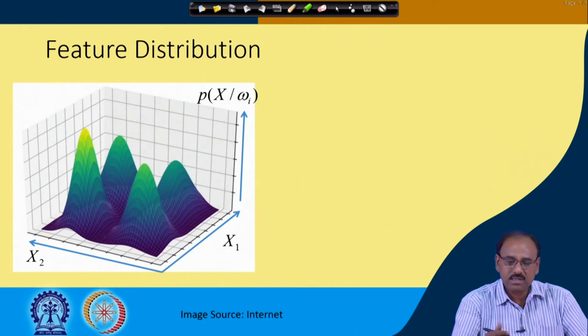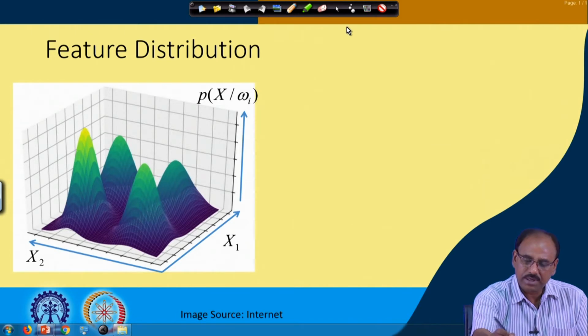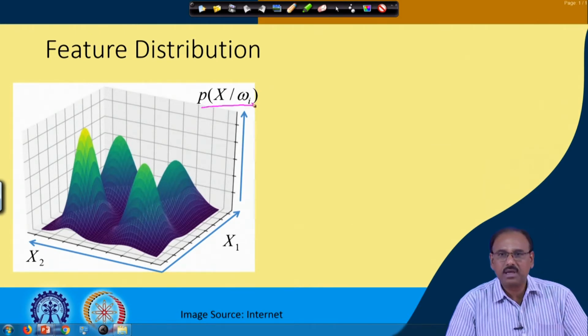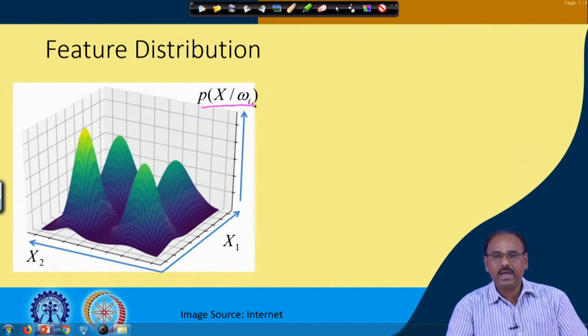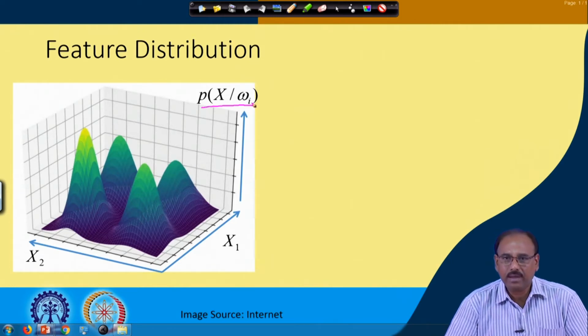this tells us the class conditional probability density function, or P of x given omega i, where omega i is the class and x is the feature vector that we have computed. Experimentally, by collecting a large number of objects from different classes, I compute this P of x given omega i.